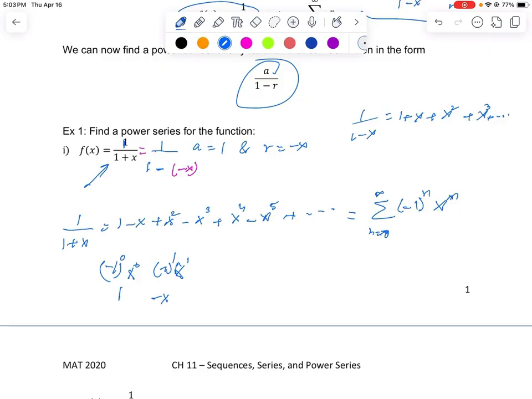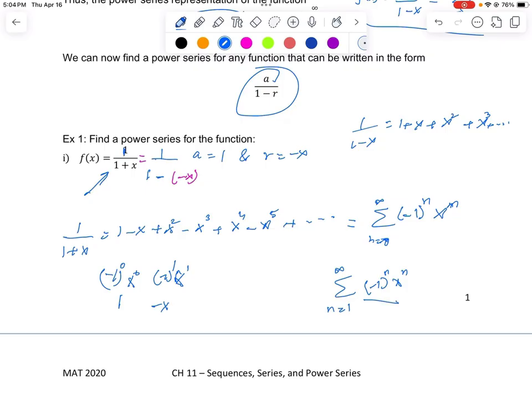Now if the summation sign was starting at 1, then the first value n can take is 1, and if you plug that in, you get a negative first term. So if the first term is not negative, then you have to adjust the power on the negative 1. So this is how you get the series for 1 over 1 plus x.